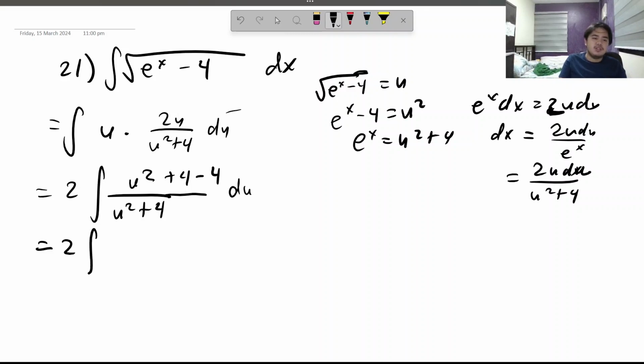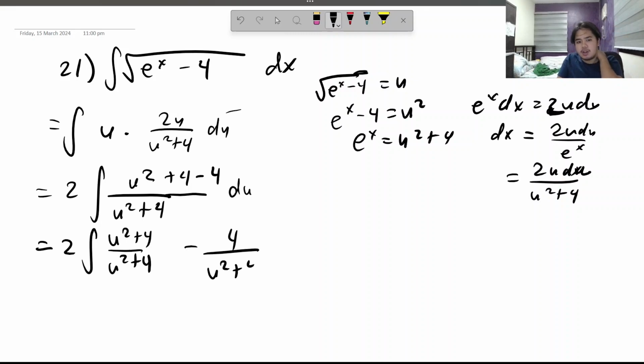This is equal to 2 times, we can separate the fractions here, u squared plus 4 over u squared plus 4 minus 4 over u squared plus 4. Now you can use another technique. I think it is the long division on this one, but I don't think this is necessary for this particular one, so we'll just do that.